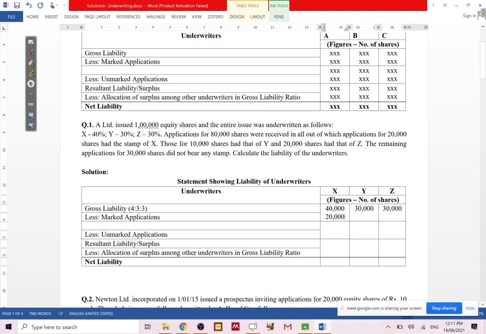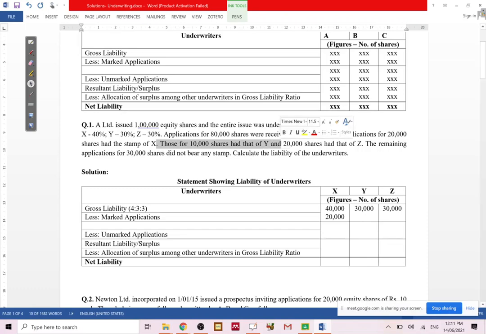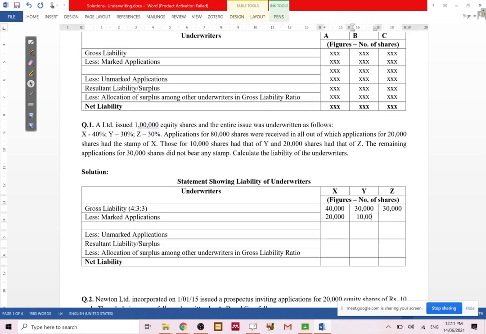Okay. Then applications for 10,000 shares had the stamp of Y, which means he had agreed to sell 30,000, if something goes wrong, but he has managed to sell at least 10,000 as of now.